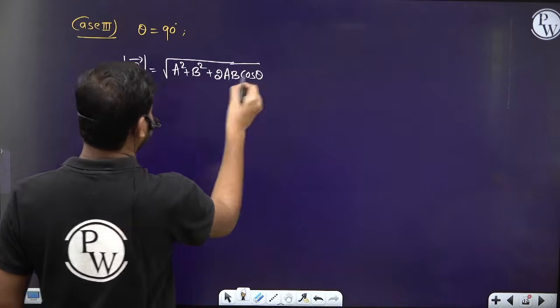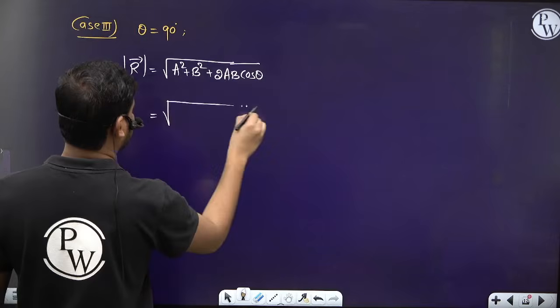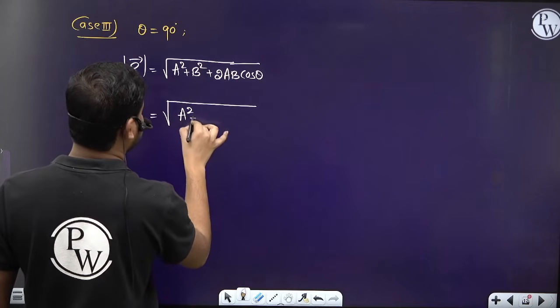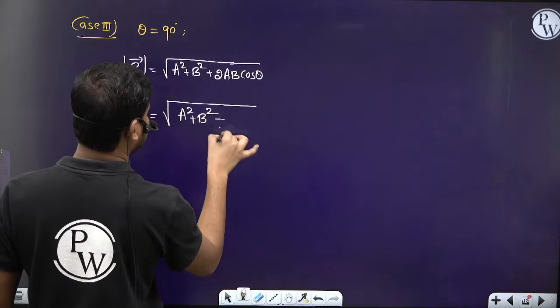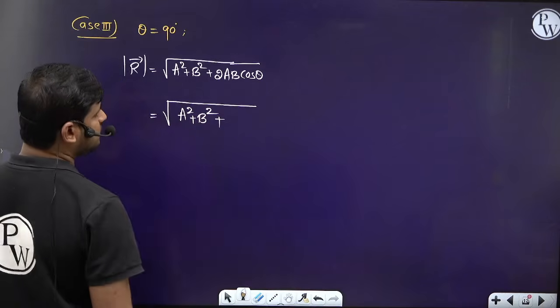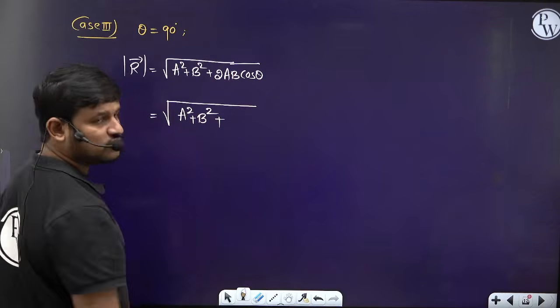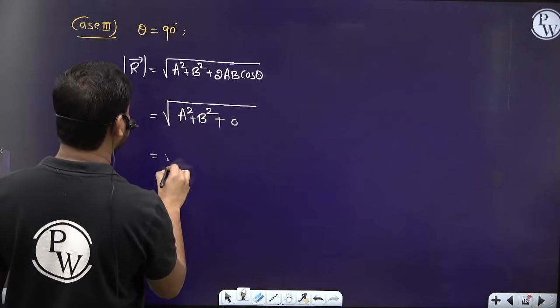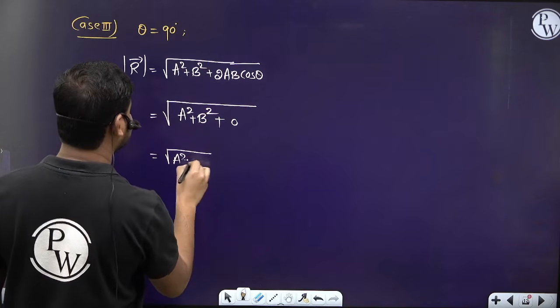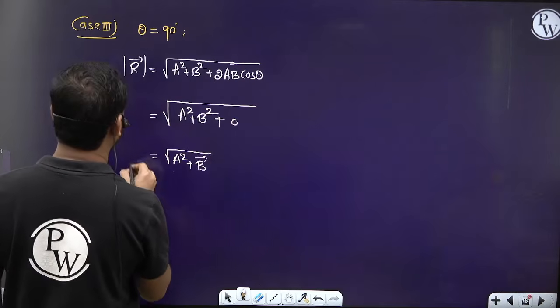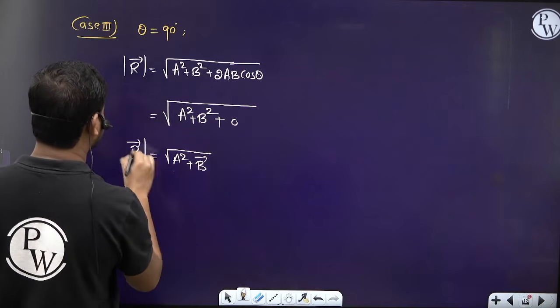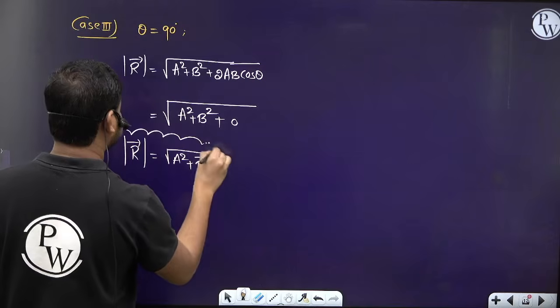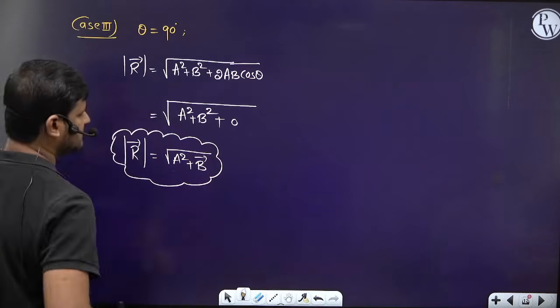Why I am writing this many times is because you should remember. You should also write along with me. So we know that cos 90 is 0. So 0 into something is 0, so this whole thing will become 0. So the square root of simply a square plus b square. So the magnitude of the resultant will be equal to square root of a square plus b square.